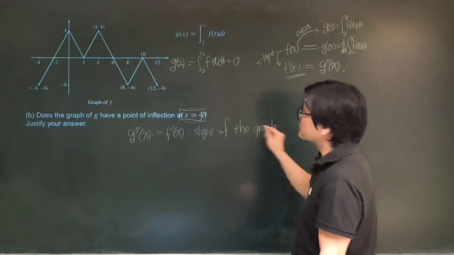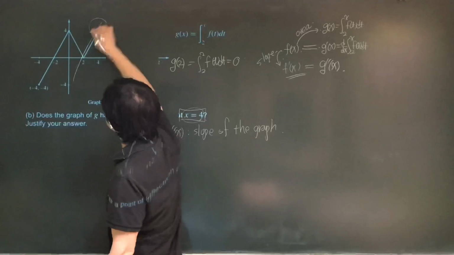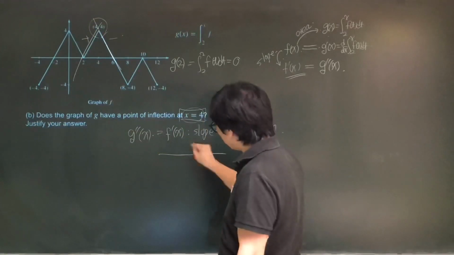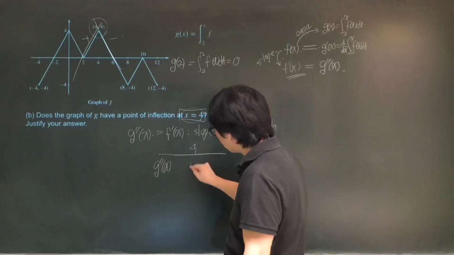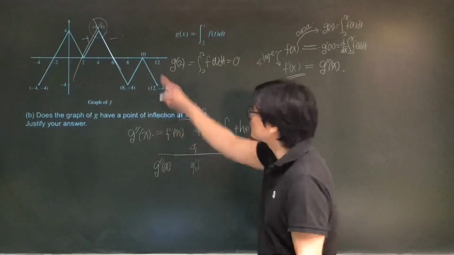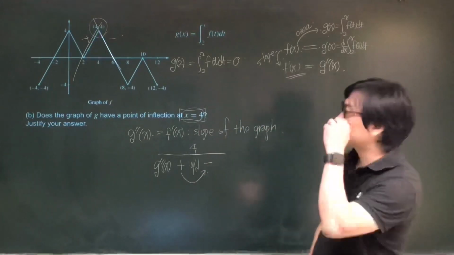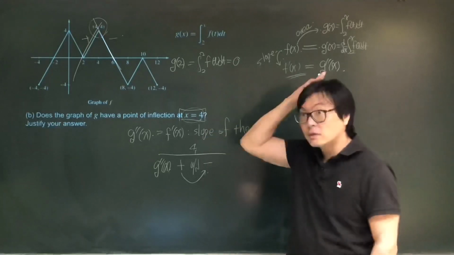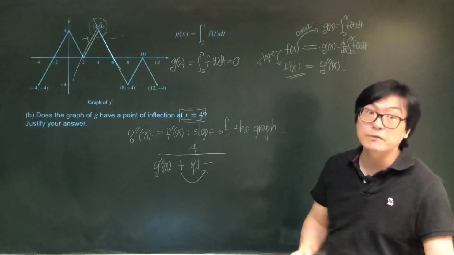So at x equals 4 here, the slope on this side is positive and on this side negative, so that means at 4, G double prime of x is undefined at this point because the peak doesn't have a slope. But the sign of G double prime is changing from positive to negative. So yes, this is a point of inflection for G of x. G double prime could be 0 or undefined at a point of inflection.